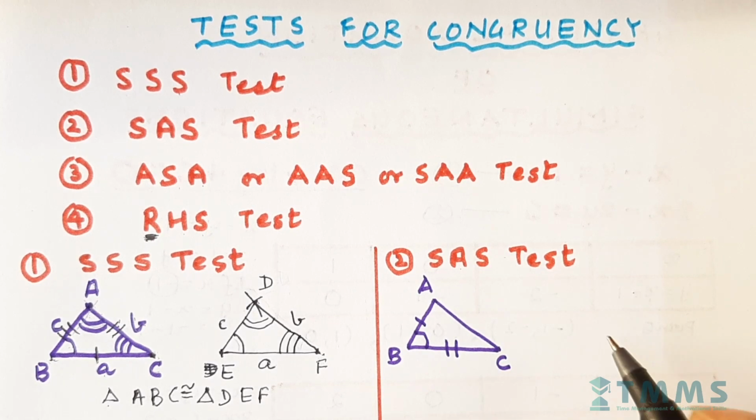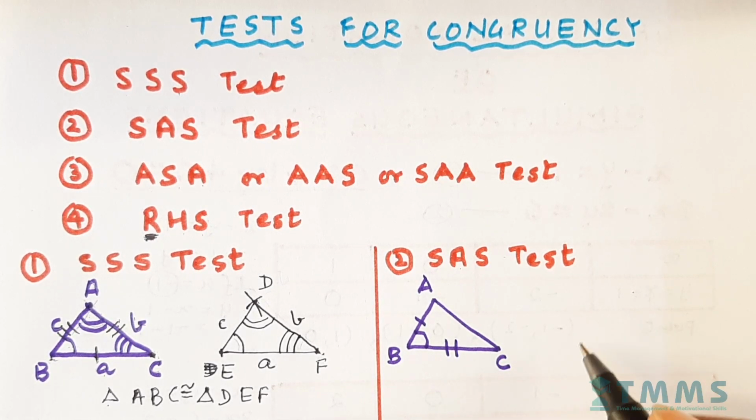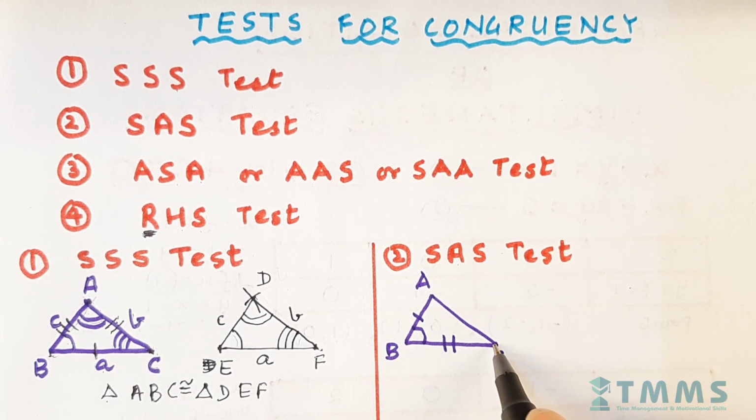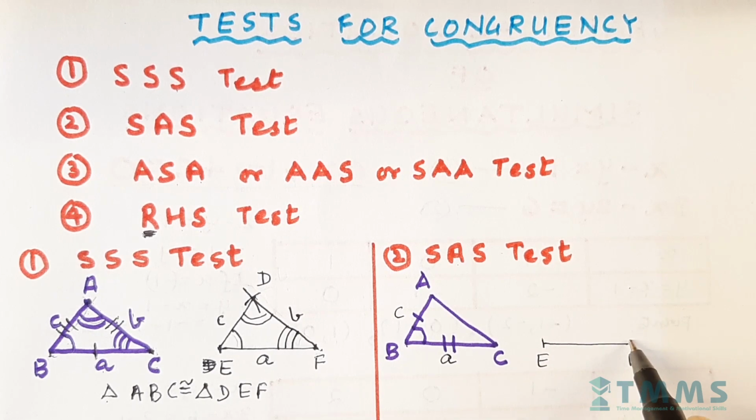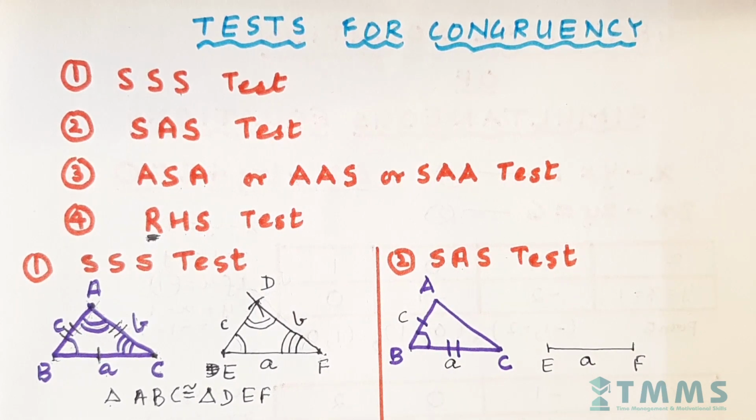So let us see if we can draw triangle DEF. Your BC is with 2 lines, so let us say this is your small a measure and this is your small c measure. So BC is equal to a centimeters, AB is equal to c centimeters, and let us draw EF in such a way that EF will be equal to a centimeters.